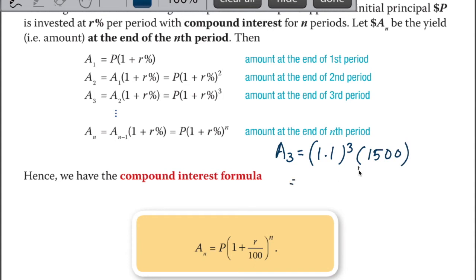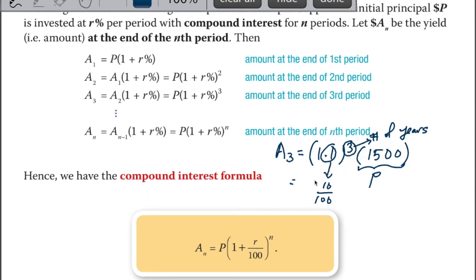This was the principal amount. And this 0.1 here was the 10% interest. And this cube here was the number of years that she owed the money already.